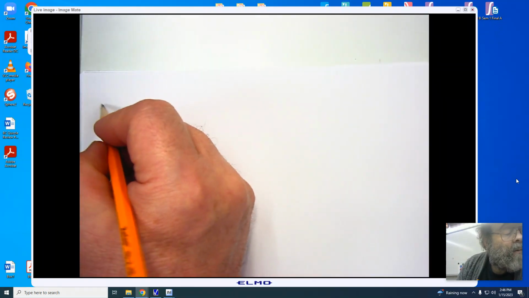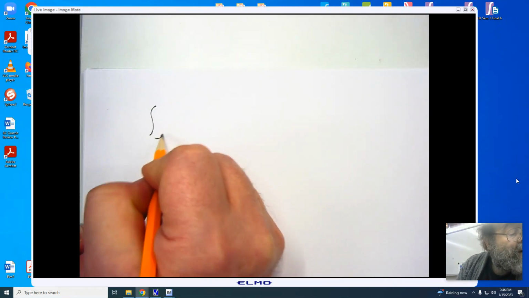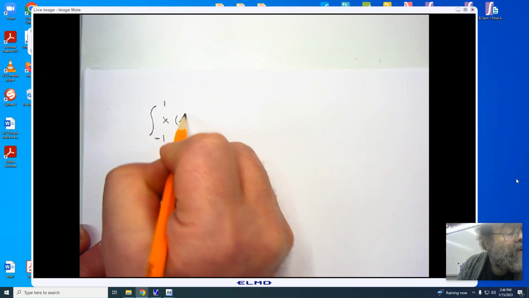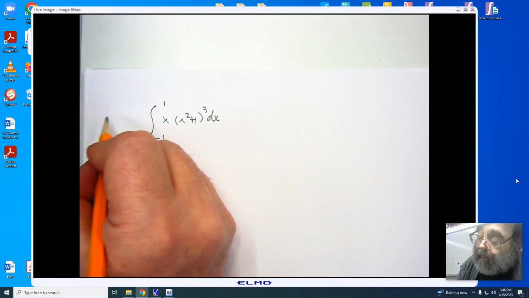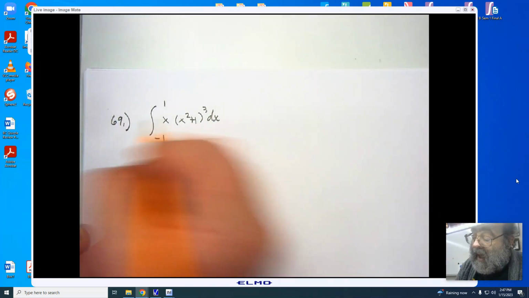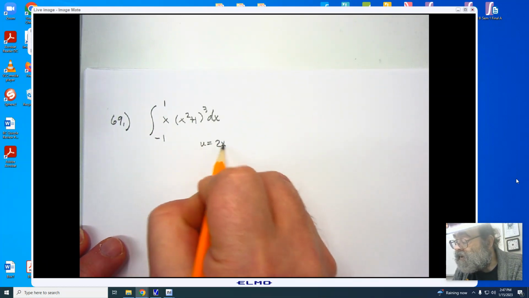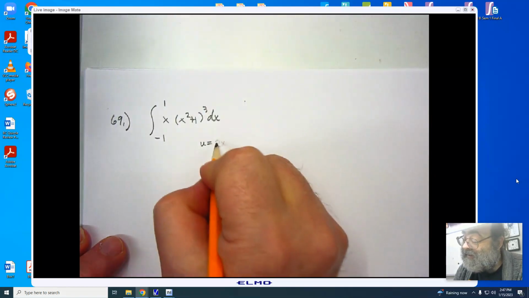Alrighty, so here we go. We're now looking at the integration from -1 to 1 of x squared plus 1, the quantity cubed, dx. We're now looking at a definite integral in number 69. Everything is going to be the same. u equals x squared plus 1.